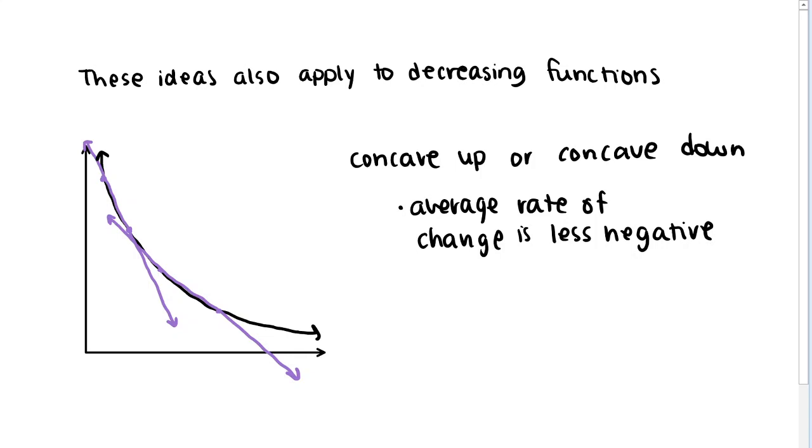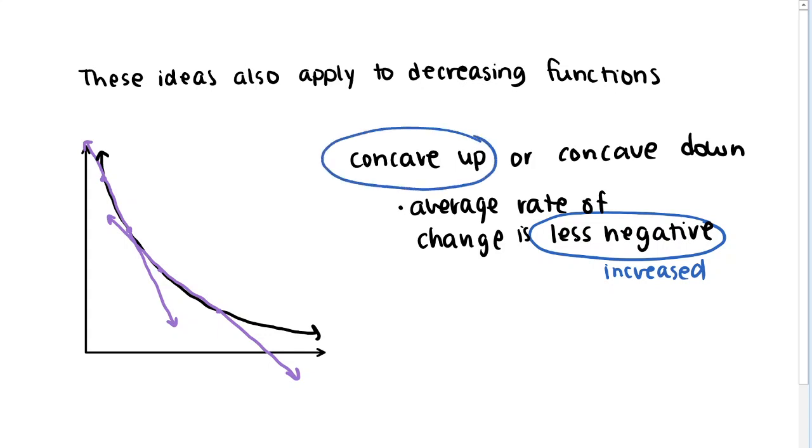And another way of saying something's less negative is that that quantity's increased, right? So this is like saying that the average rate of change increased. It's less negative, it increased. And so this is an example of a concave up function.